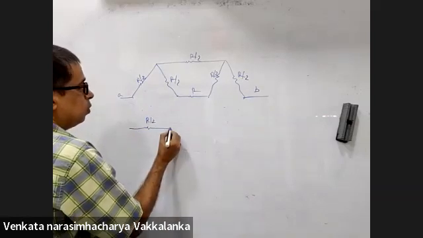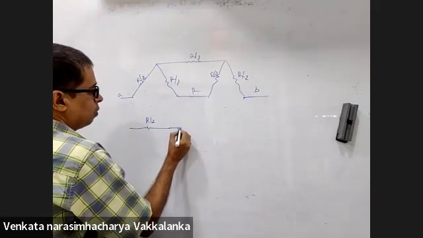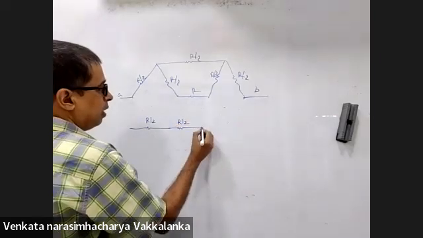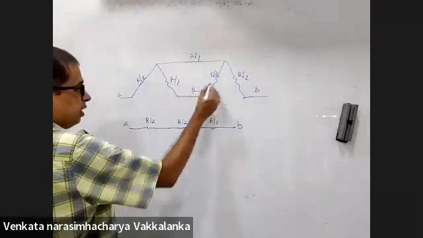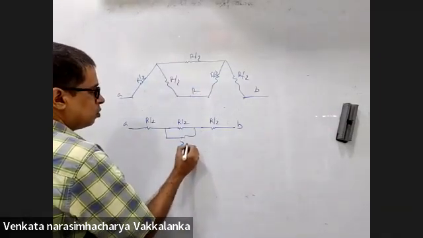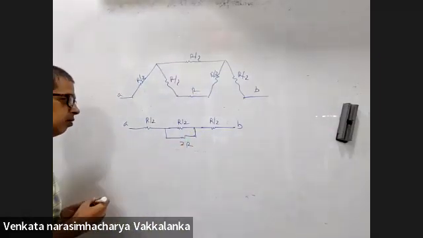R by 2, R by 2. This is A and B. This is 2R. Whatever answer comes, that's it.